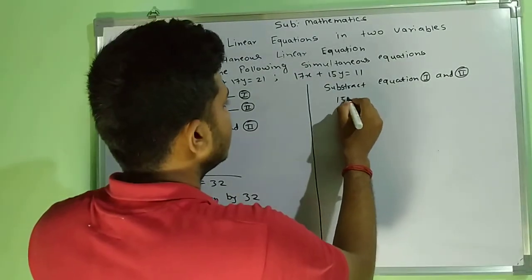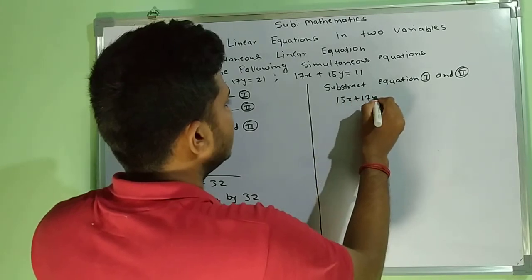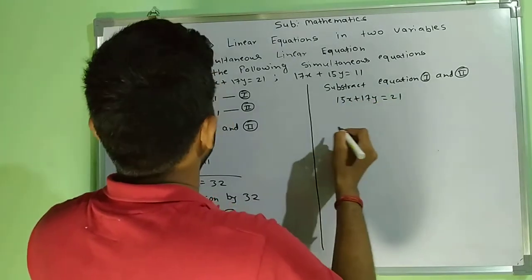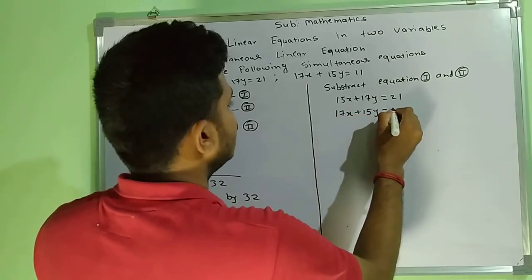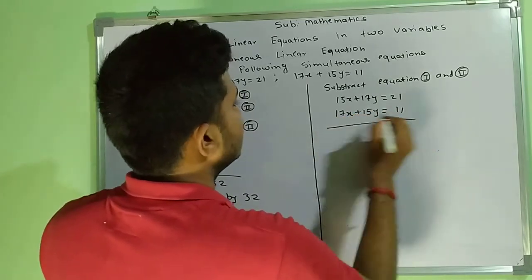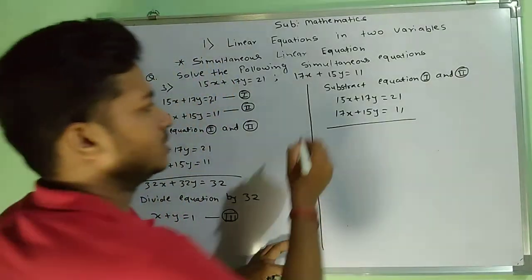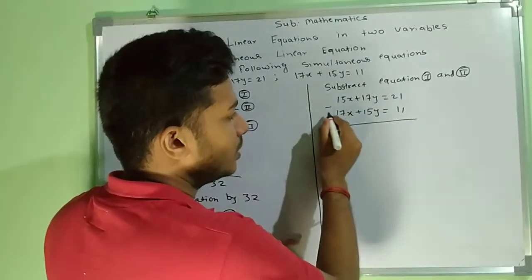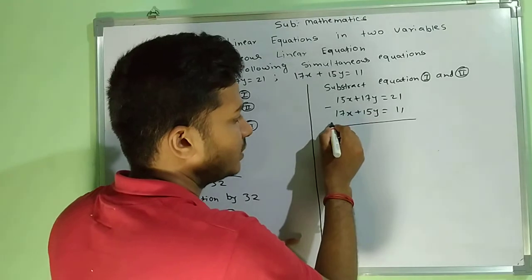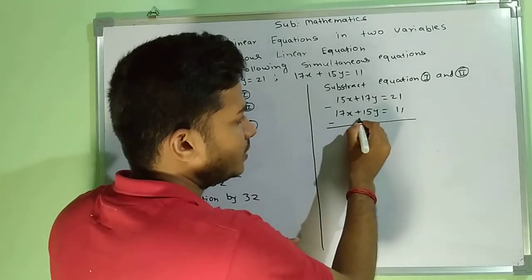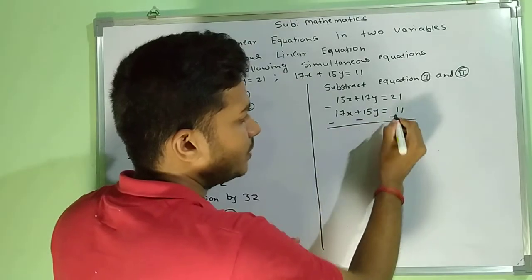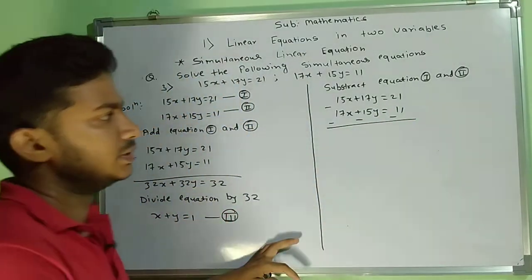So here 15x plus 17y is equal to 21, and 17x plus 15y is equal to 11. So as we have to do subtraction, here negative sign will come. Because of that negative sign, that plus 17x will become minus 17x, that plus 15y will become minus 15y, and that plus 11 will become minus, because we are subtracting them.